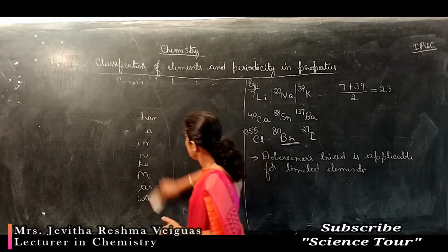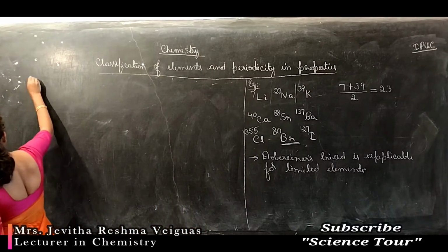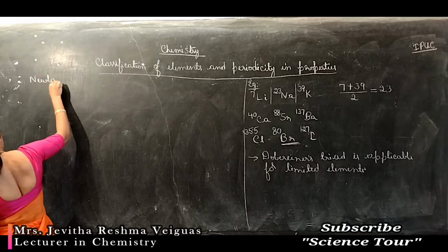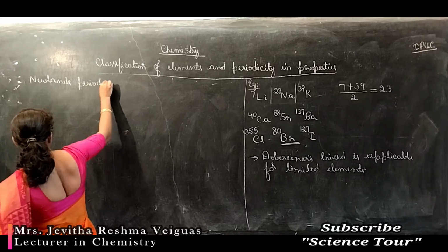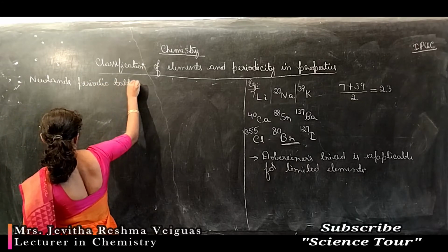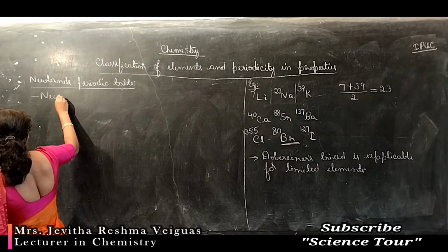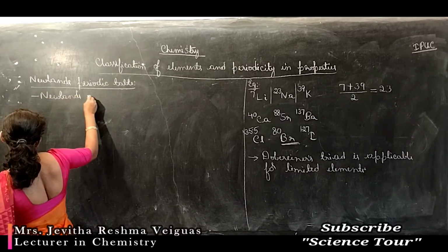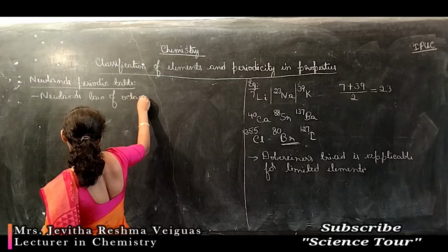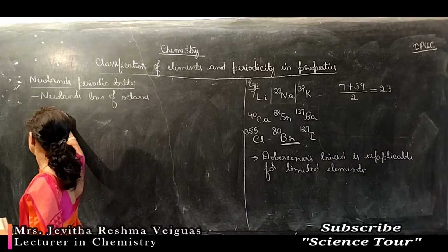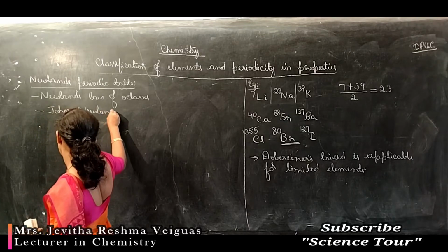So let's now study Newlands' periodic table. This Newlands' periodic table is dependent on Newlands' law of octaves, proposed by scientist John Newlands. What did Newlands do?